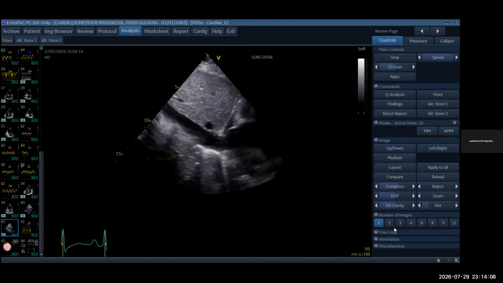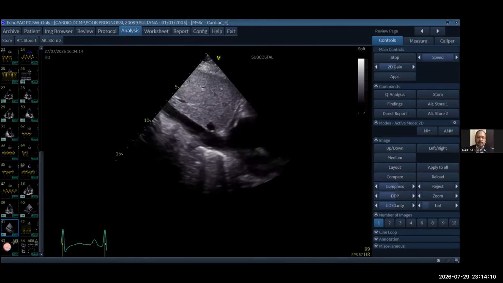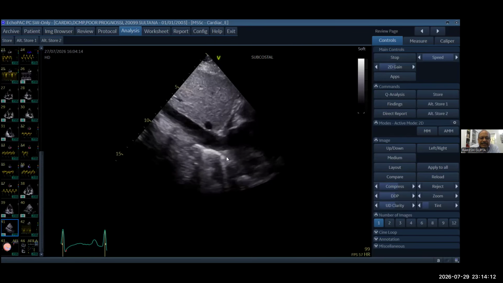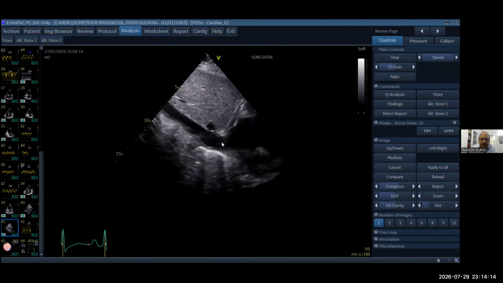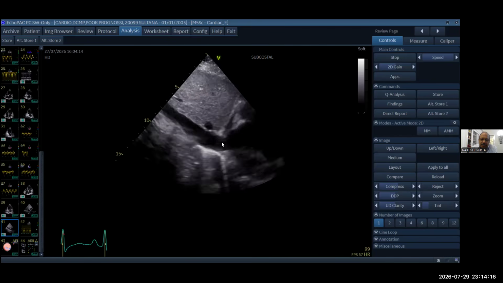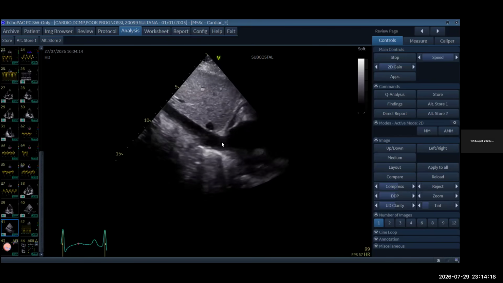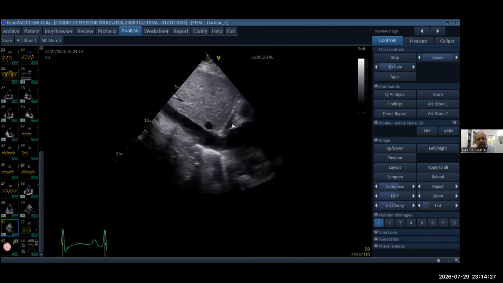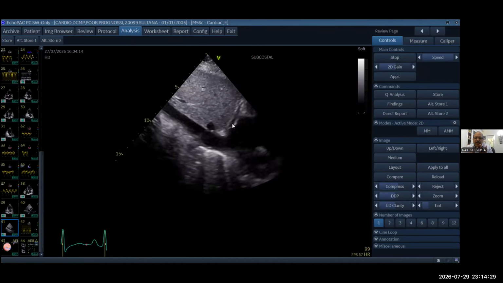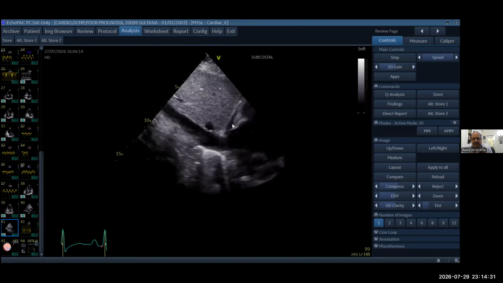Yes, sir. So we could see this IVC, which is dilated, not collapsing at all. So what is my RA pressure? More than 15 millimeters of mercury. You see some amount of pericardial effusion over here. So we have a systolic dysfunction, a diastolic dysfunction, raised pulmonary artery pressure, and a dilated IVC.